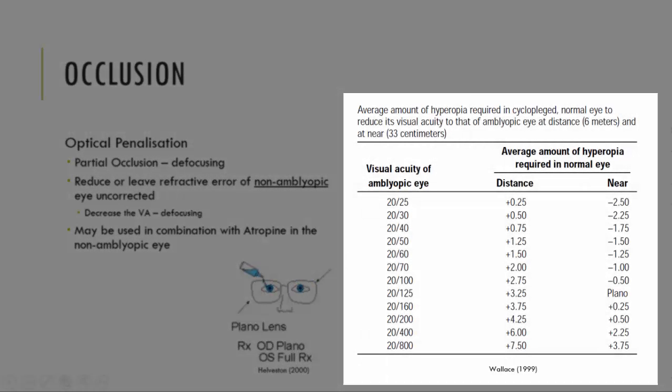And here we have a study by Wallace, which shows us the amount of refractive error that can be left uncorrected when combined with pharmacological penalisation and the impact it will have on visual acuity.